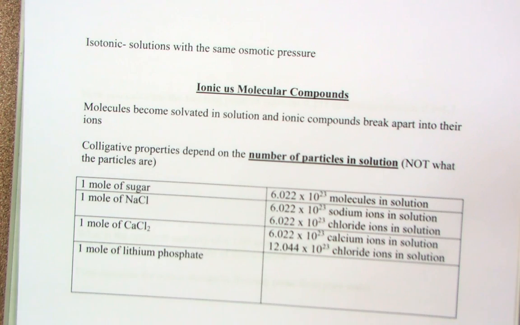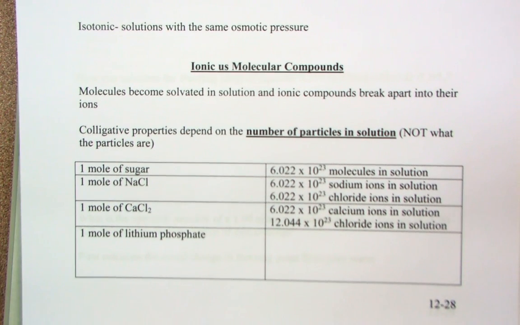So when we think about the problems we've done up until now, you've been reading questions and they said things like a molecular compound or a non-volatile compound. But none of the examples that we used ionic compounds up to this point. And there's a reason for that.